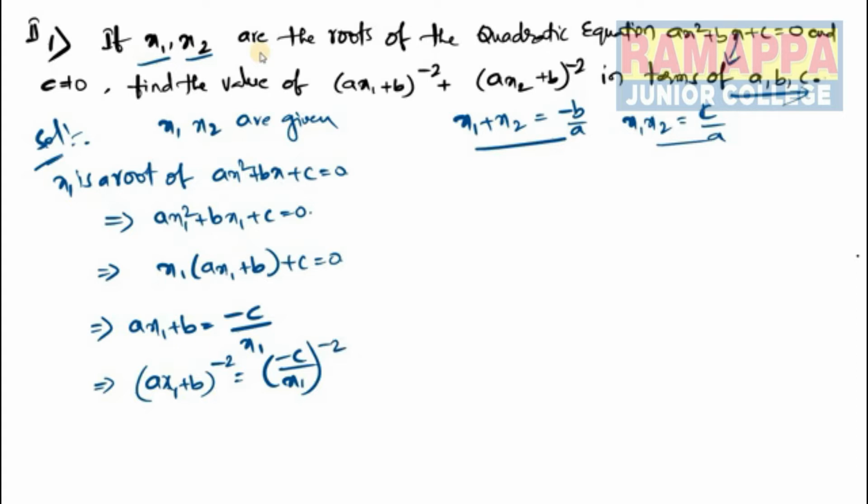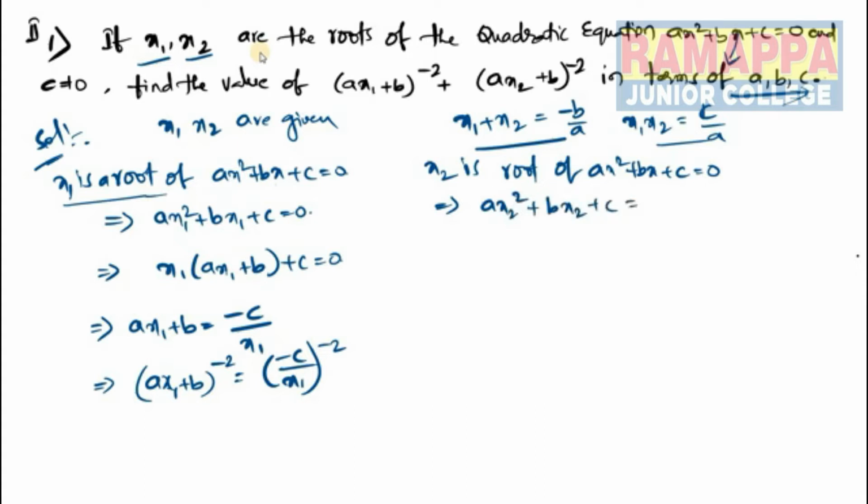That is done for x1 being a root of the equation. Now x2 is a root of ax square plus bx plus c is equal to 0. Substituting x2, ax2 square plus bx2 plus c is equal to 0.